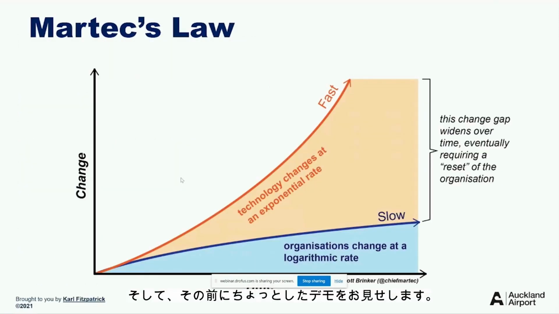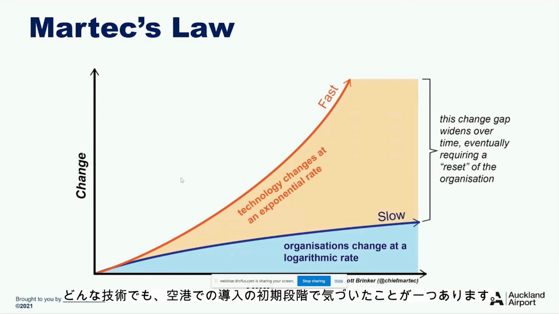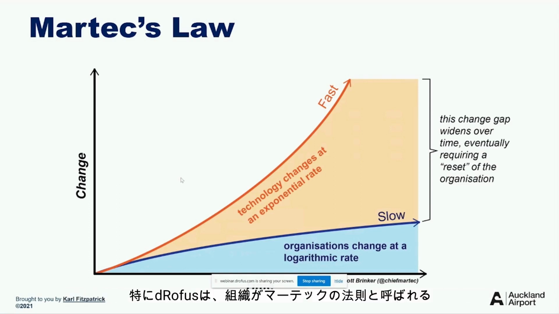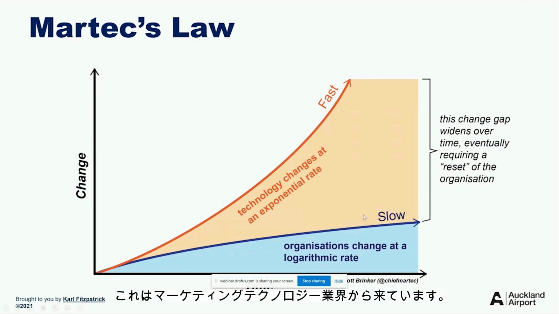And just before I go into a demo, one thing I've noticed in the early stages of implementing any technology at the airport, and particularly dRofus, is this law called Martec's law, which comes from the marketing technology industry. Scott Brinker coined the phrase and this graph.